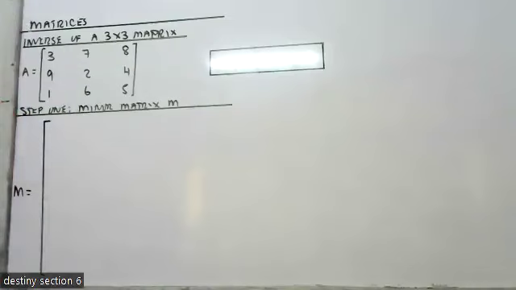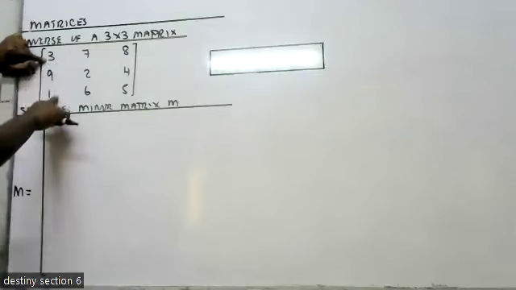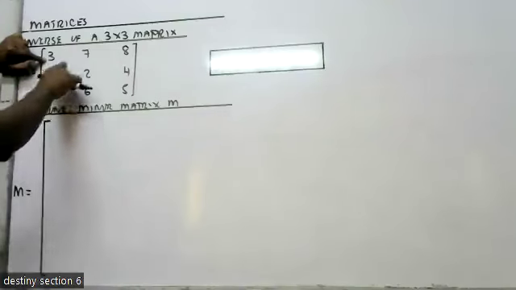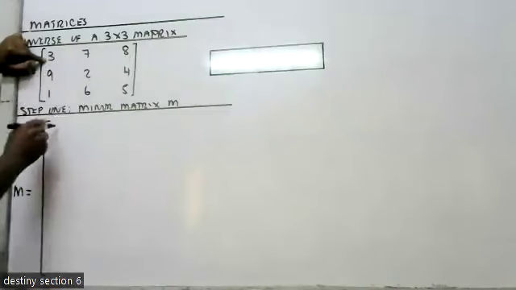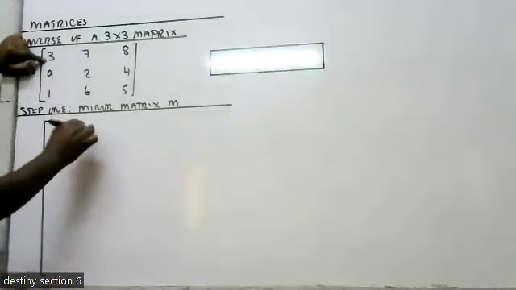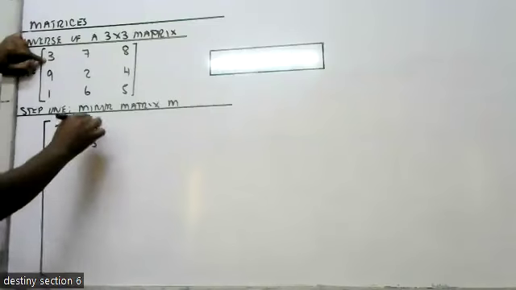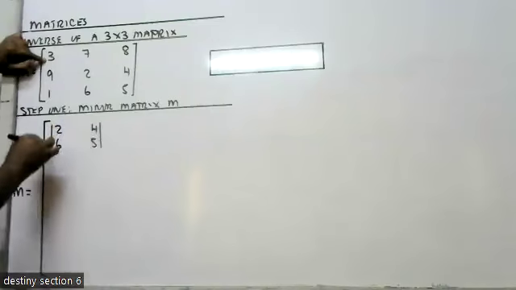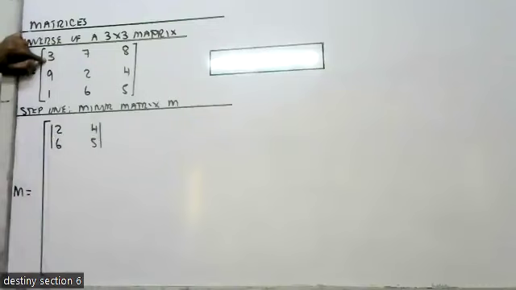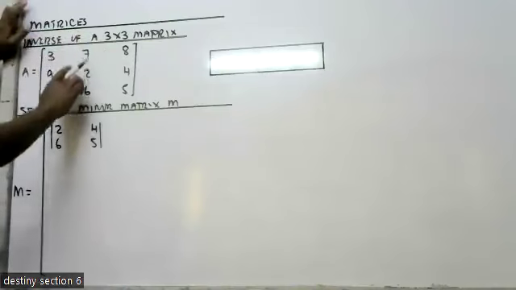So what we do, you come and stop here at these 3. You delete these elements in the first column and the first row. You are left with 2, 4, 6, 5, and then you put them within 2 strokes that way, because it's a determinant. When you come here to 7, you drop everything in that row and in this column.